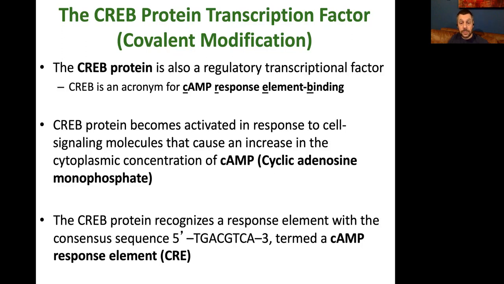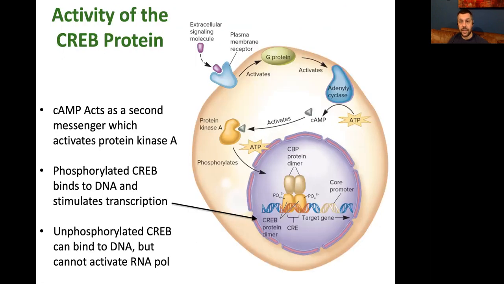When it goes up, then the CREB protein recognizes a CREB response element, kind of like the glucocorticoid response element, and activates genes. So again, the details here are not important for you guys to understand. They're just kind of interesting. But I want to give you an example of covalent modification and how it can change a transcription factor.